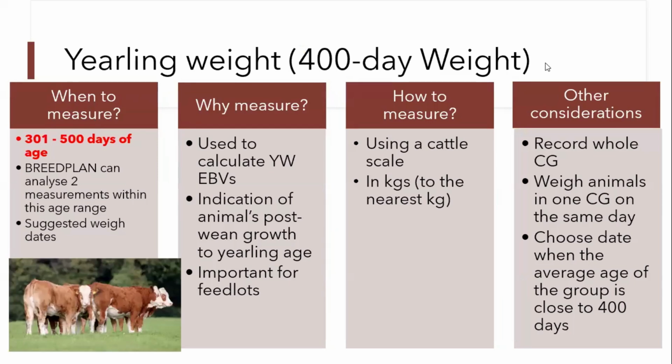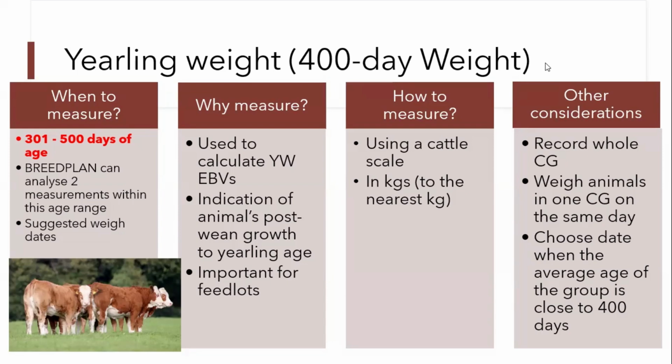The next trait that we normally look at is 400-day weight. That we record between the age of 301 up until 500 days of age. Again, BreedPlan can analyze 2 of these. If you record 2 of them, your EBVs will have a higher accuracy.